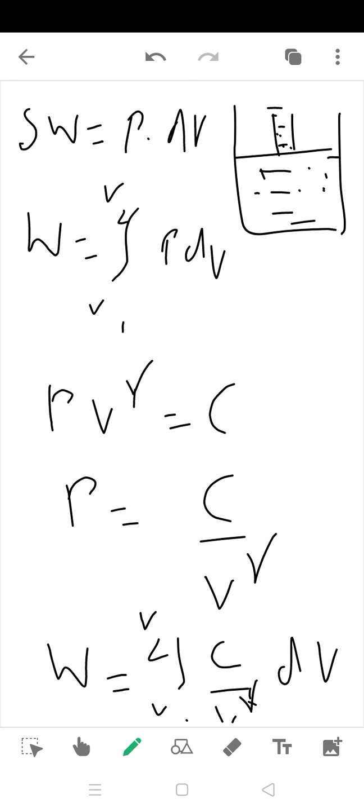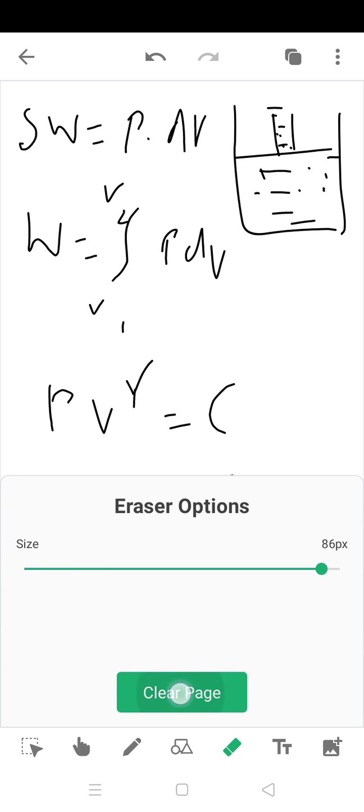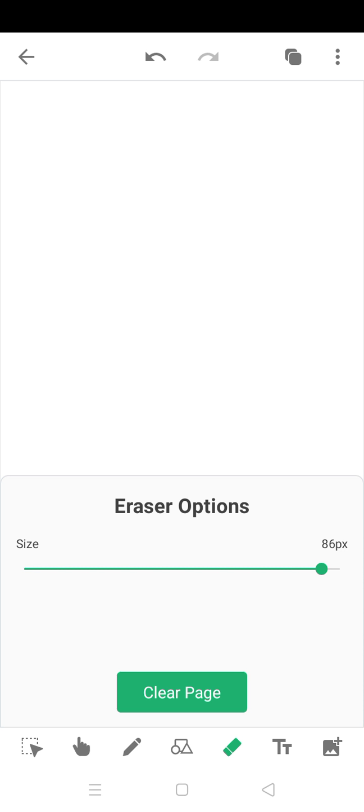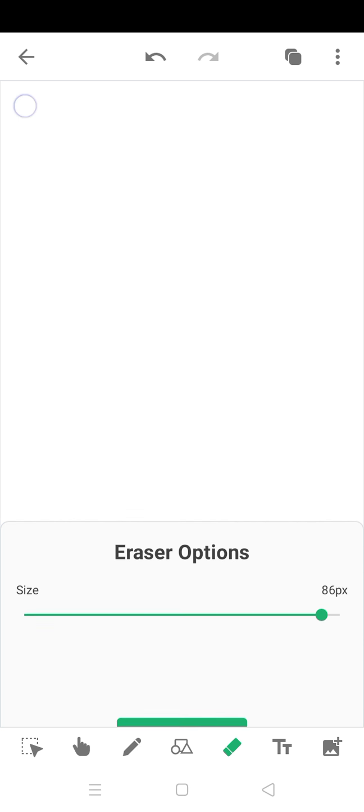After solving this, we get W. This is a simple mathematical step, so you will do it. If you are getting any problem, you can ask in class also.